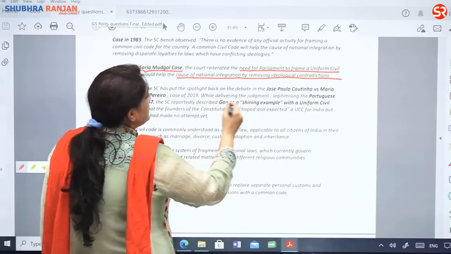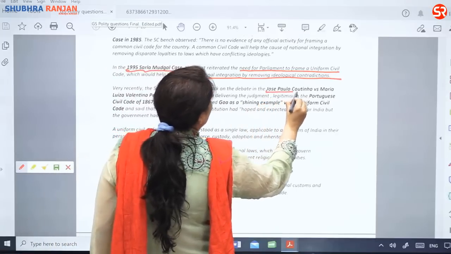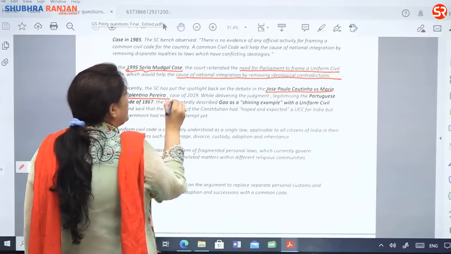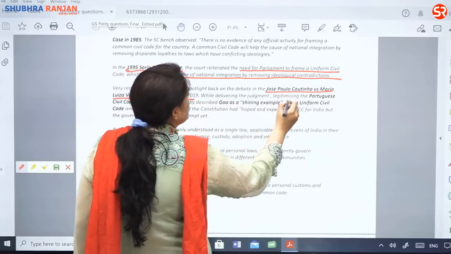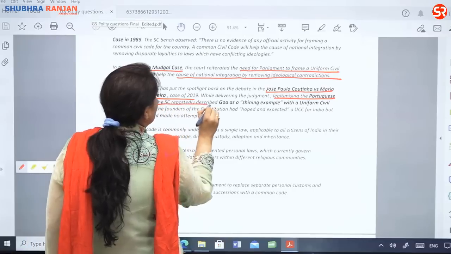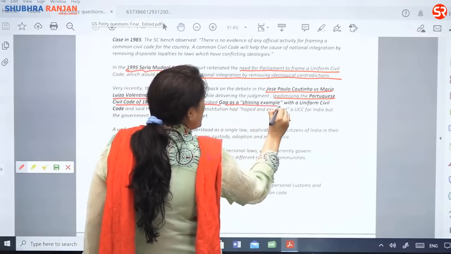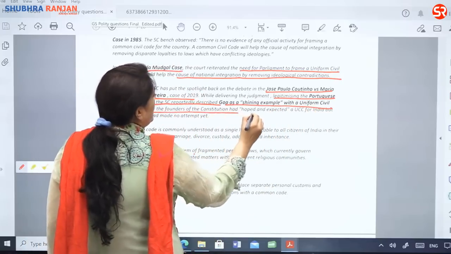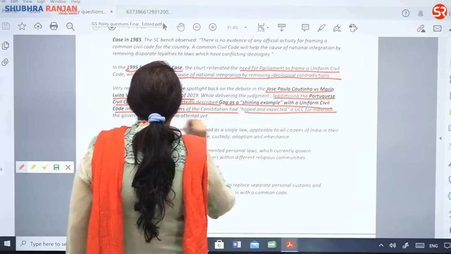Now very recently, in the Jose Paulo Coutinho versus Maria Pereira case, while delivering the judgment legitimizing the Portuguese civil code, the Supreme Court held that Goa is a shining example with a uniform civil code.